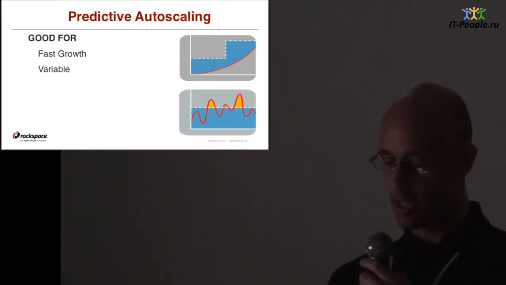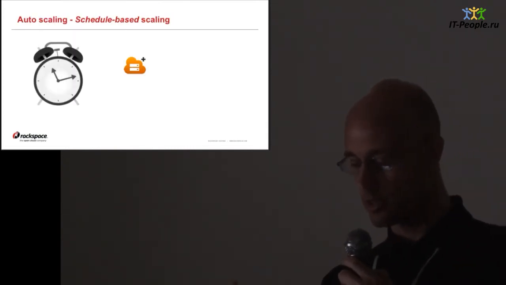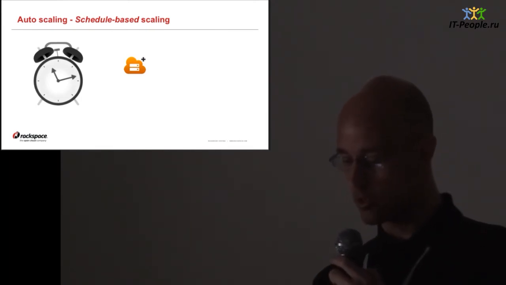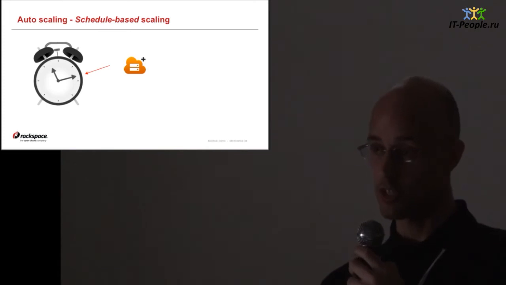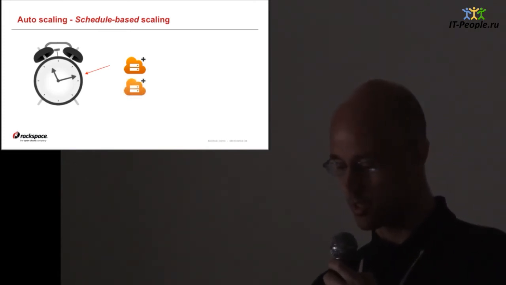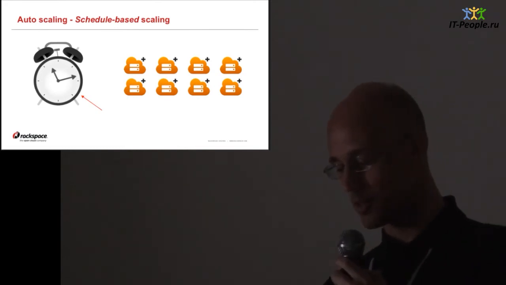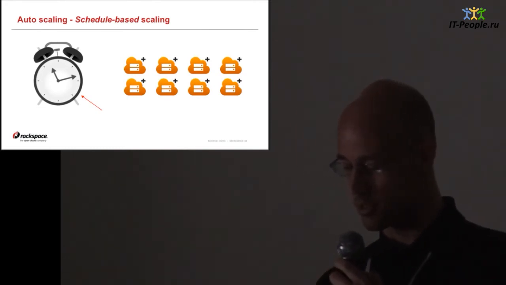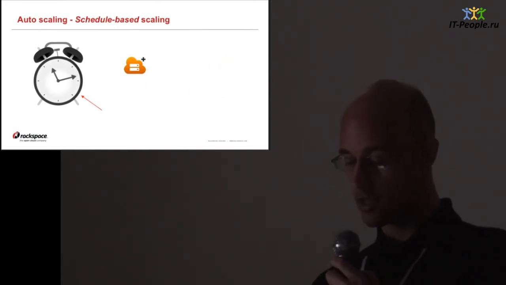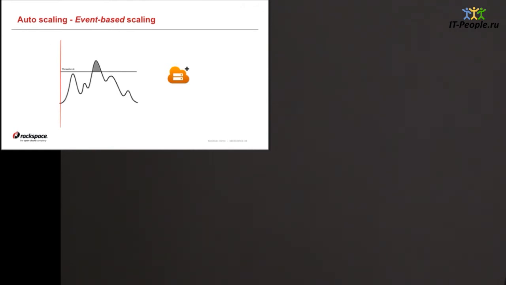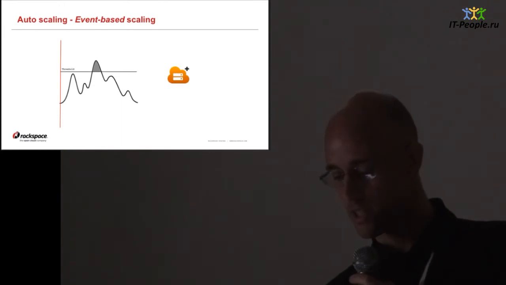So let's recap just a little about the 2 main methodologies. Schedule-based, so you set in time 0 to spin up additional servers, and a T-final, where you end up spinning down those servers. Or the most interesting part, which is the event-based scaling, you see that graph.